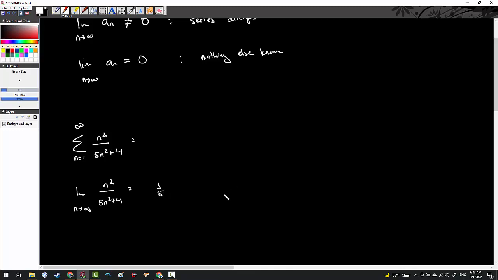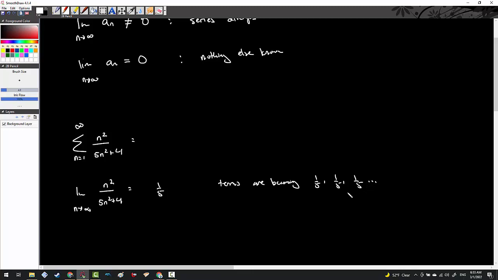Now remember, back in sequences, we determined that the limit of a sequence would tell us what the terms were becoming. So the terms are becoming 1/5, 1/5, 1/5, and so on.